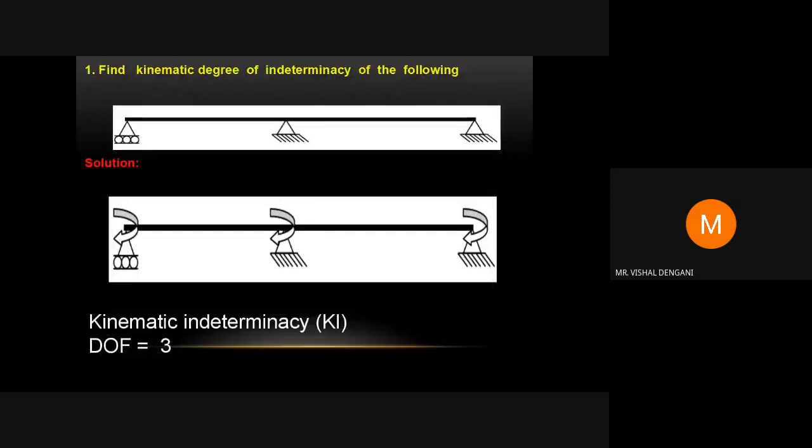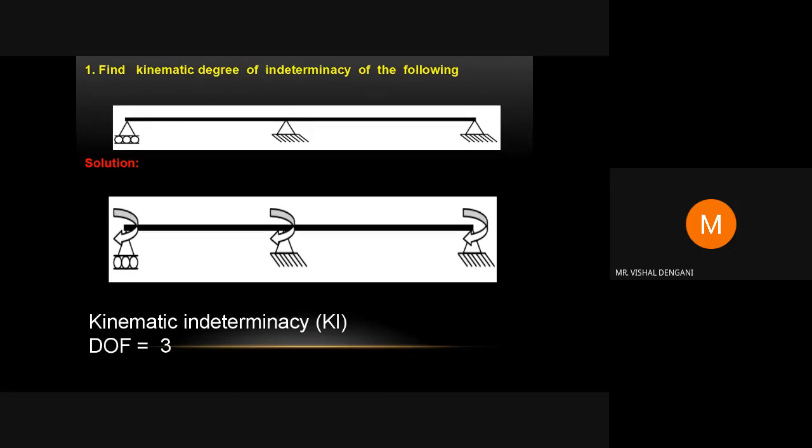Okay, now we will see some problems where you can find out the degree of indeterminacy or kinematic degree of indeterminacy. It is nothing but the degree of freedom or degree of kinematic indeterminacy.